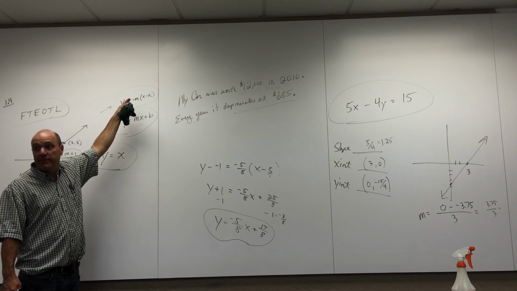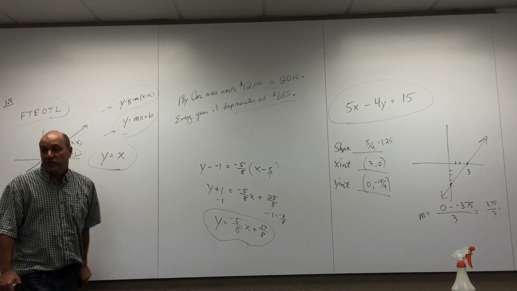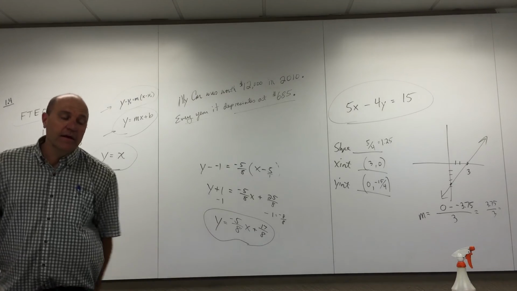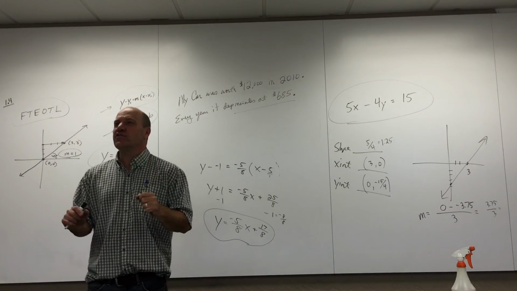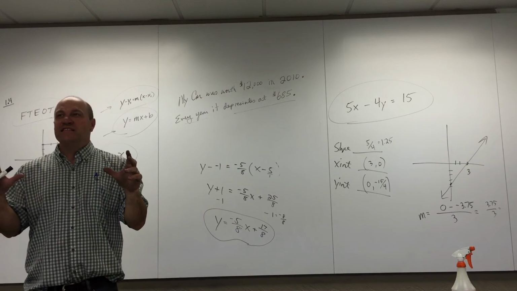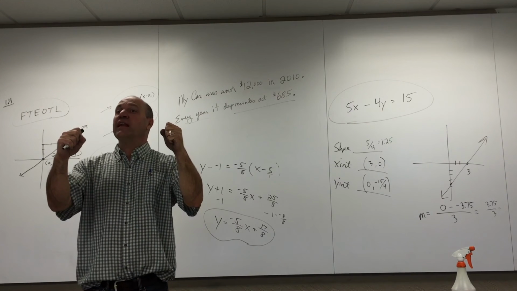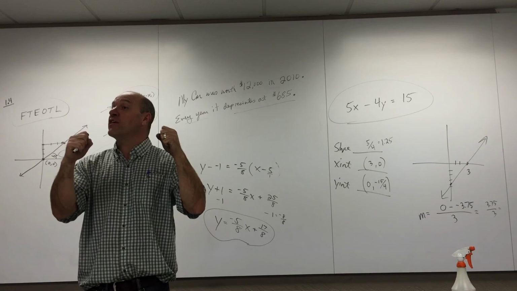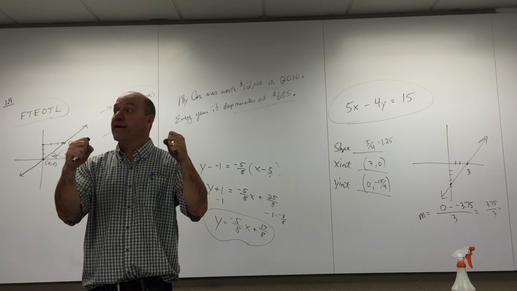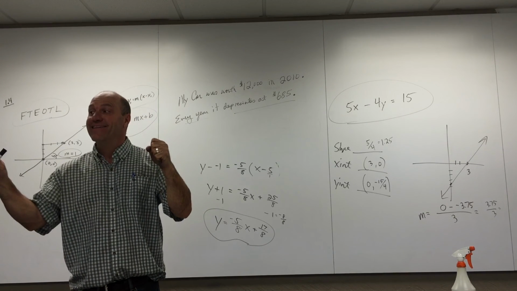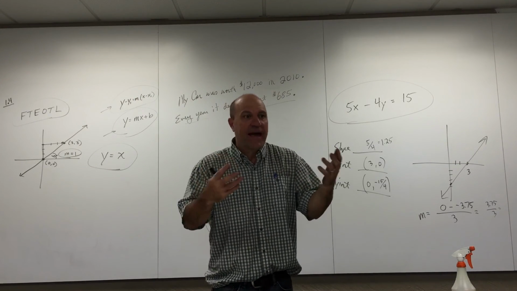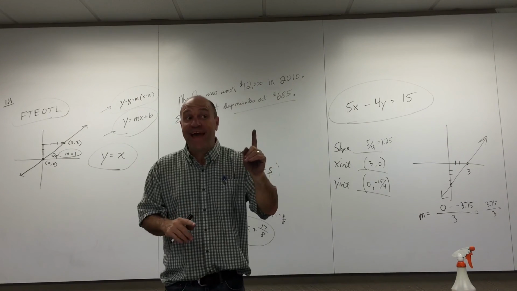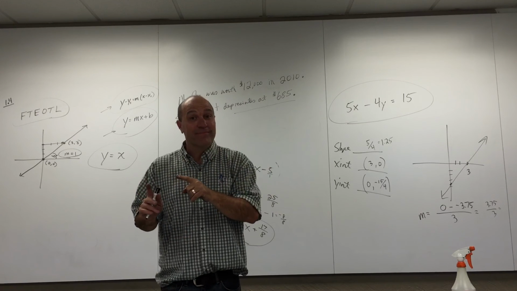But if you happen to know the y-intercept or the starting value, and so yesterday, I was trying to get you to read a word problem and see a starting value. And then I wanted you to equate the starting value to the y-intercept. And then I also wanted you to see a rate of change, and I wanted you to equate that to the slope.